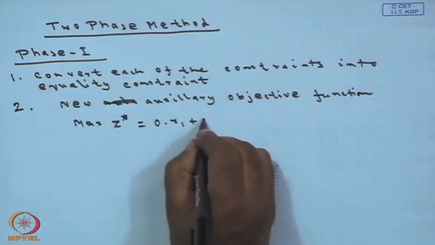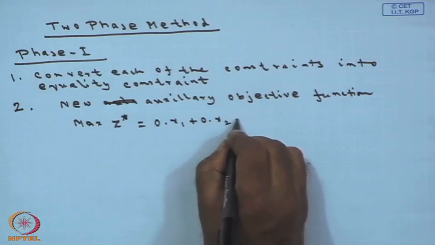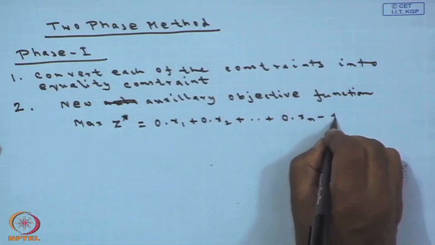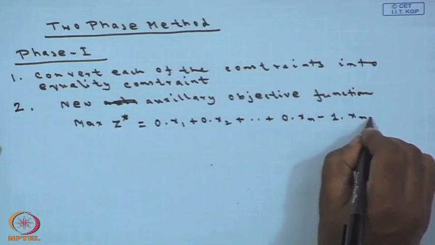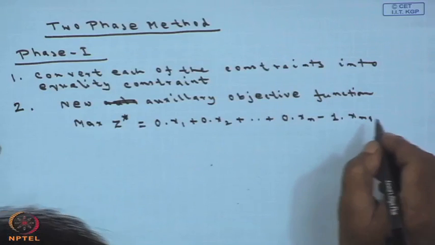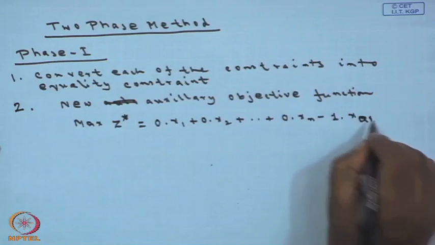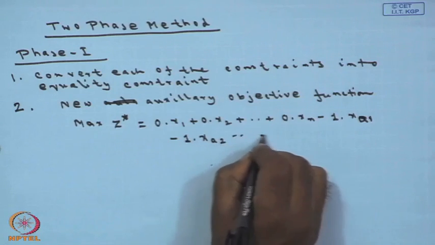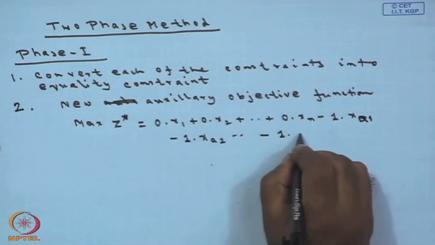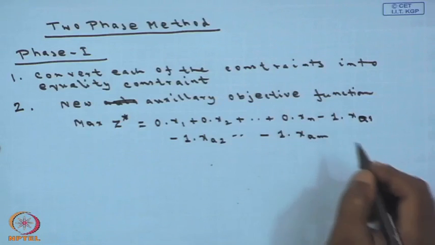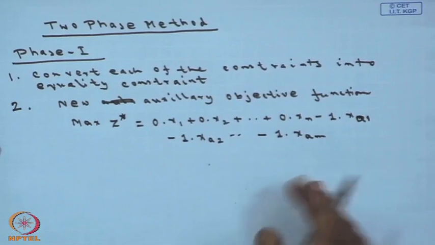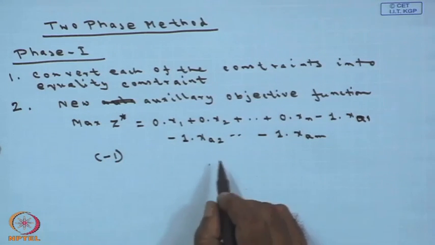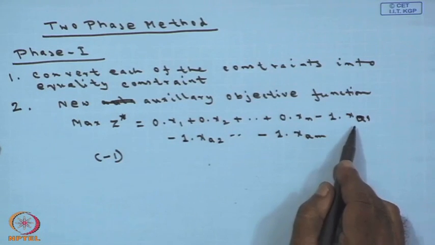The form of this will be something like this: 0 into x1 plus 0 into x2, plus 0 into x n minus 1, plus 0 into x n, minus 1 into x a1, minus 1 into x a2, like this way, minus 1 into x a m. If you see, the minus 1 price has been added as the coefficient for each artificial variable.